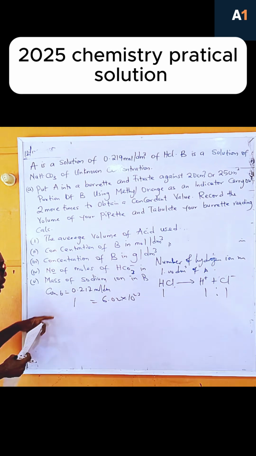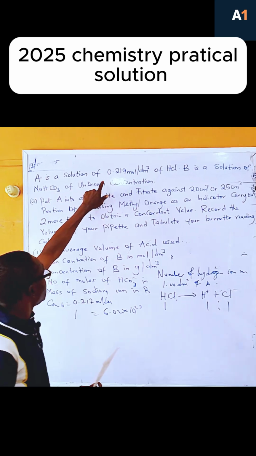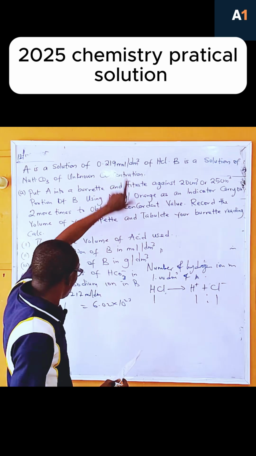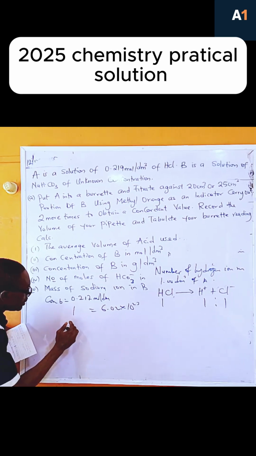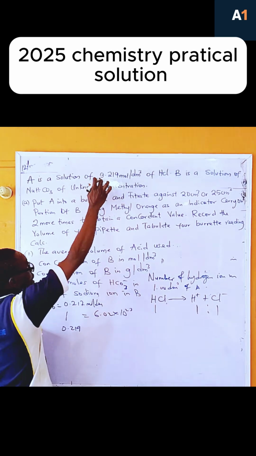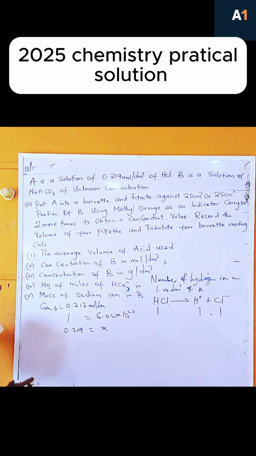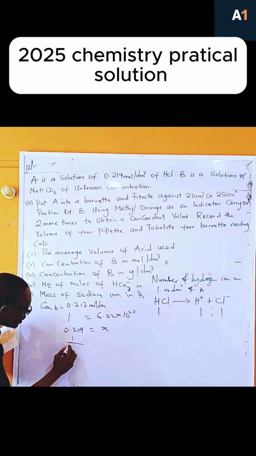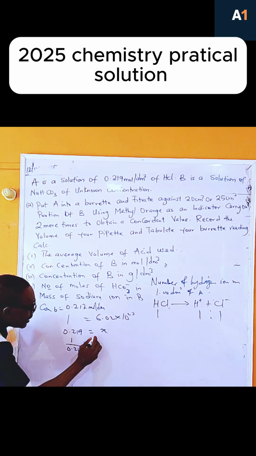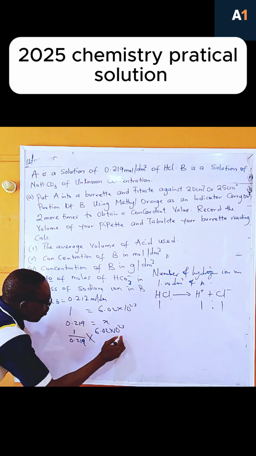Now, how many moles of hydrogen in A? It is 0.219 mole here. Let's assume the number of ions is x. So we now have 1 over 0.219, then cross multiply 6.02 times 10 raised to the power 23 over x.